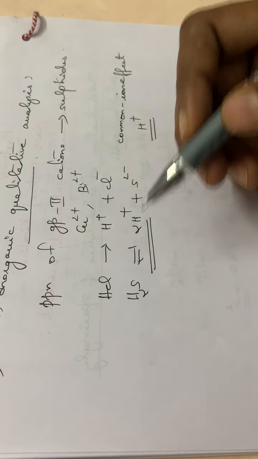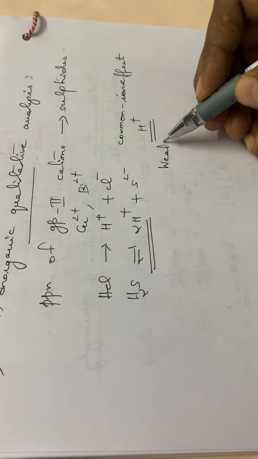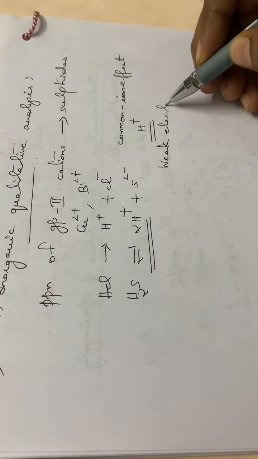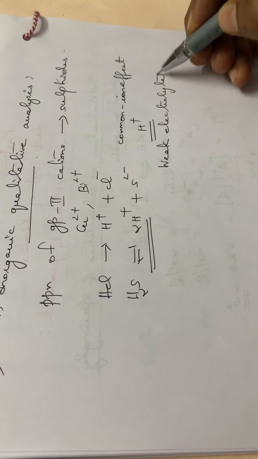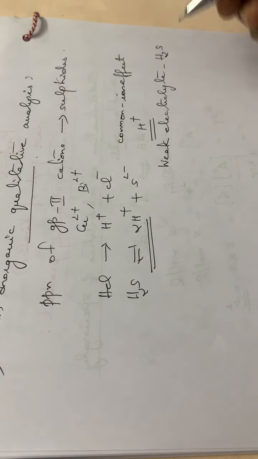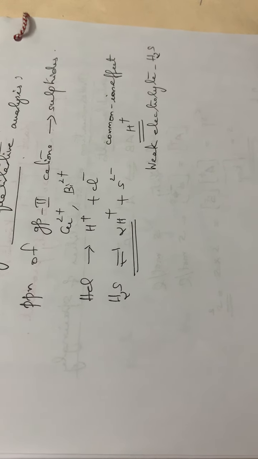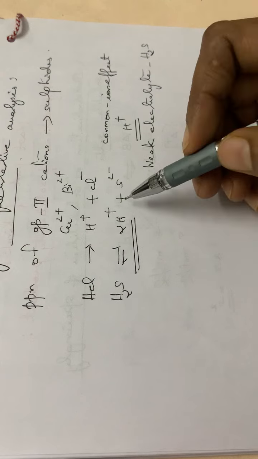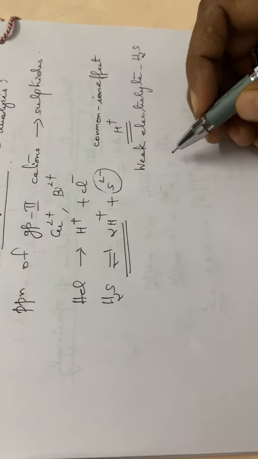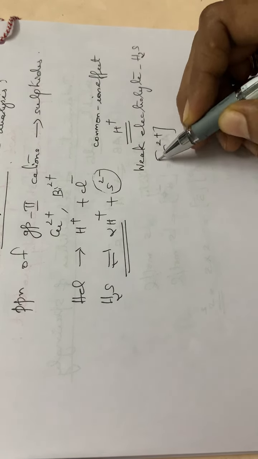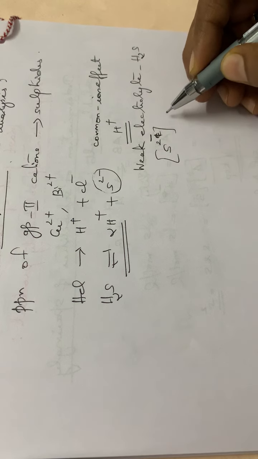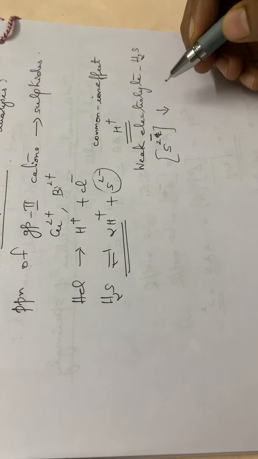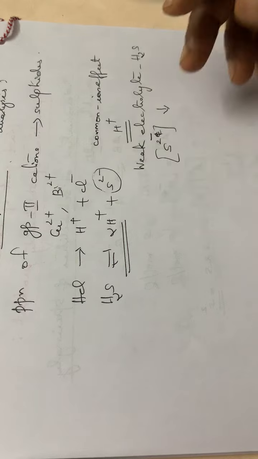The weak electrolyte is H2S. So by the addition of a strong electrolyte, HCl, the dissociation of the weak electrolyte H2S is suppressed. And so the concentration of S2 minus ions will be decreased due to this common ion effect.